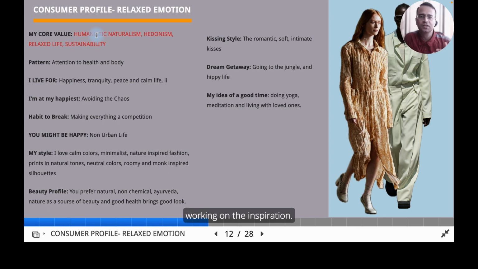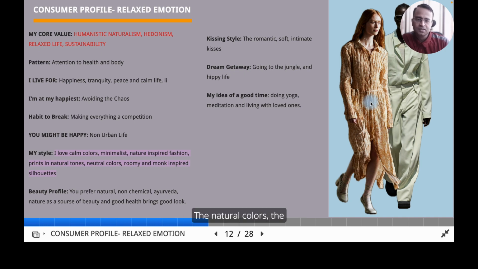There you could start working on the inspiration, the color story, the material, print development, and the style. As you can see in this image, the model is wearing a very relaxed, roomy kind of style.